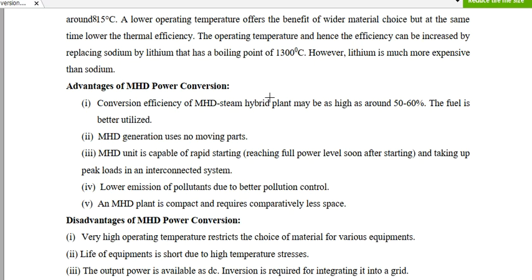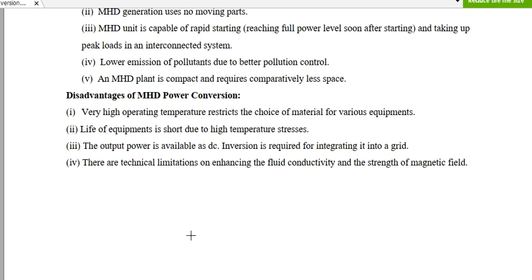Lower emission of pollutants due to better pollution control. An MHD plant is compact and requires comparatively less space. So these are the advantages. Now move to the disadvantages. Very high operating temperature restricts the choice of material for various equipment.